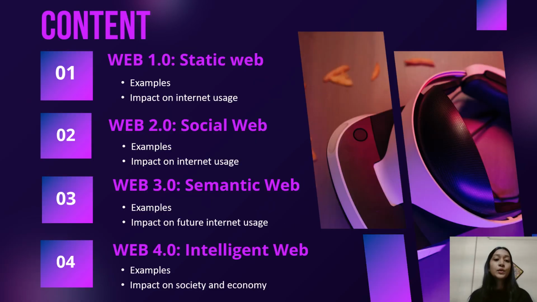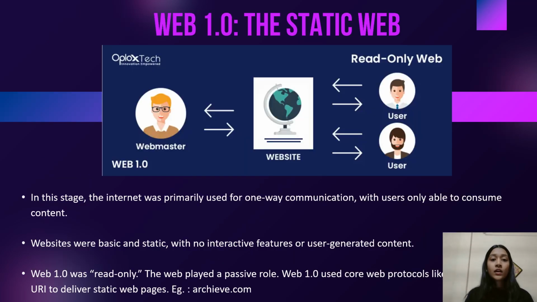So in today's video, we will talk about the first four generations of the web, that is Web 1.0, Web 2.0, Web 3.0 and Web 4.0. The very first generation of the web is Web 1.0, which is also known as the static web. As the name suggests, the web pages were static, they were not dynamic, and it was the read-only web.